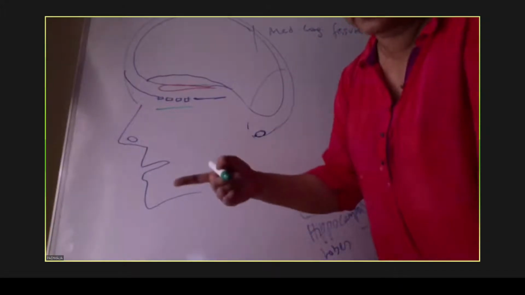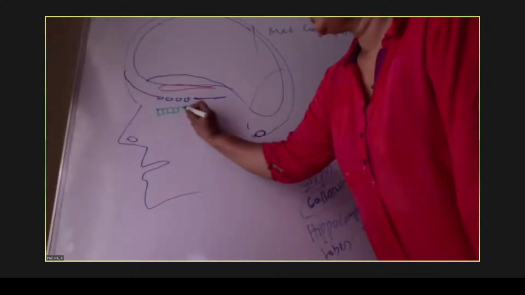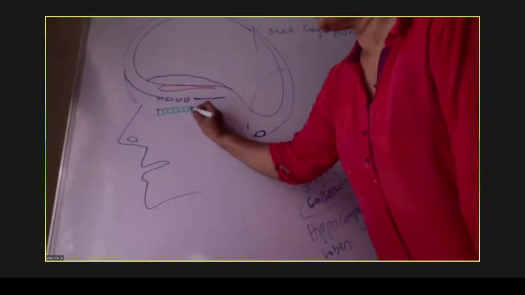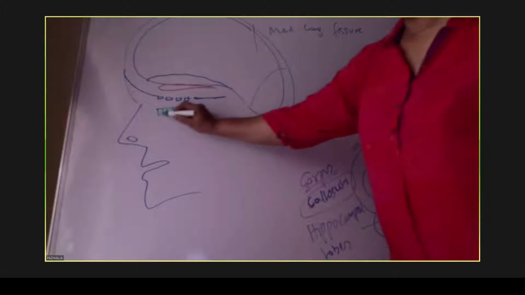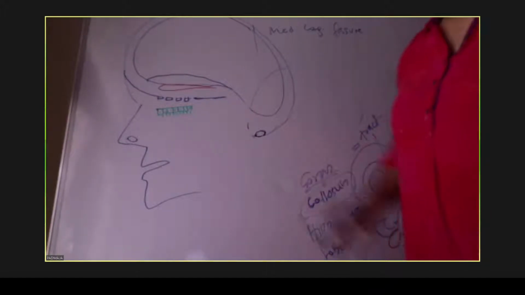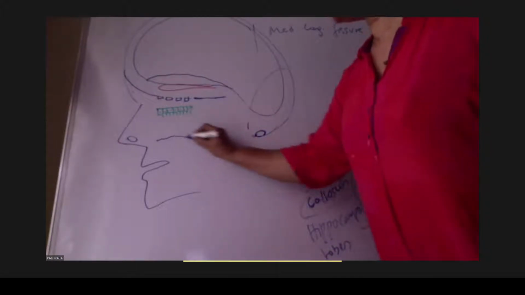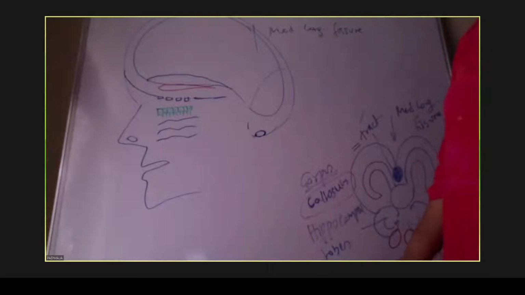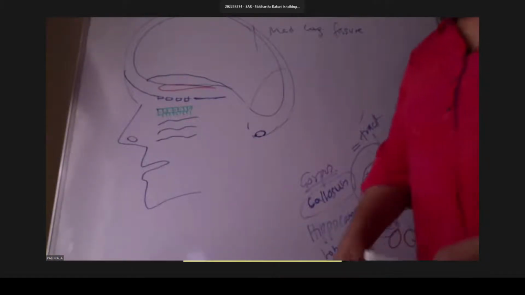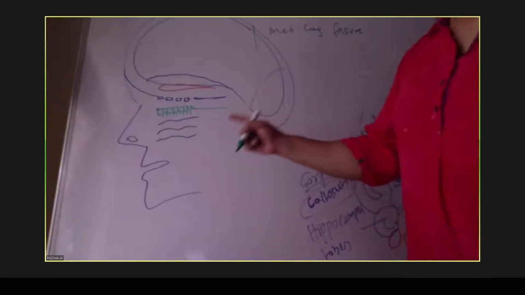It is sensory epithelium present above the superior concha, and present above where? You know very well: inferior concha, middle concha, superior concha. Remember? So this is the olfactory epithelium. We are going to study it in the sense organs in detail.